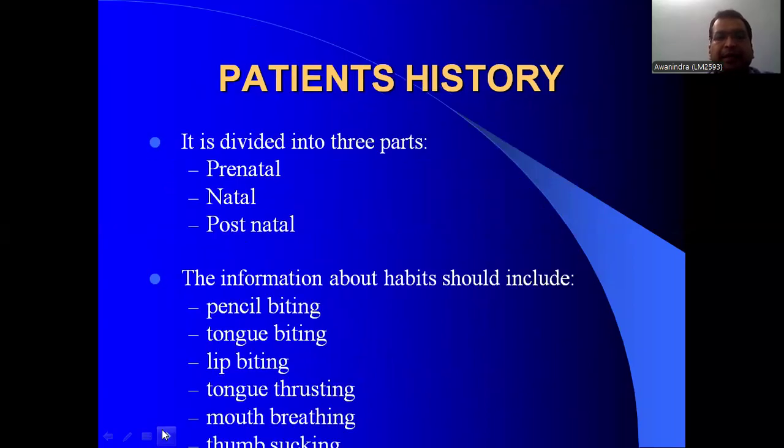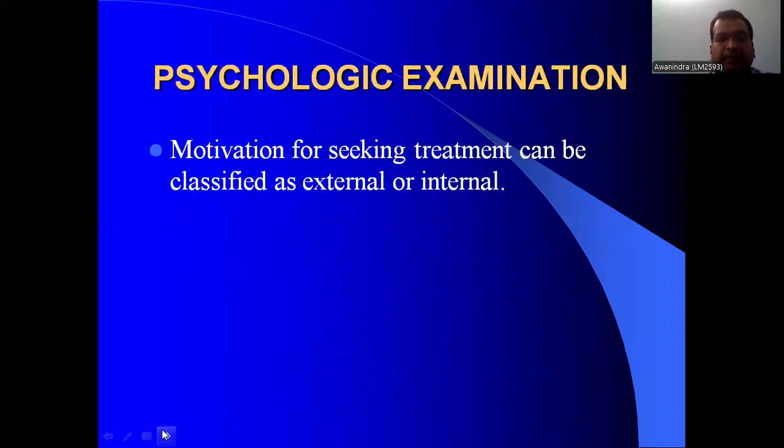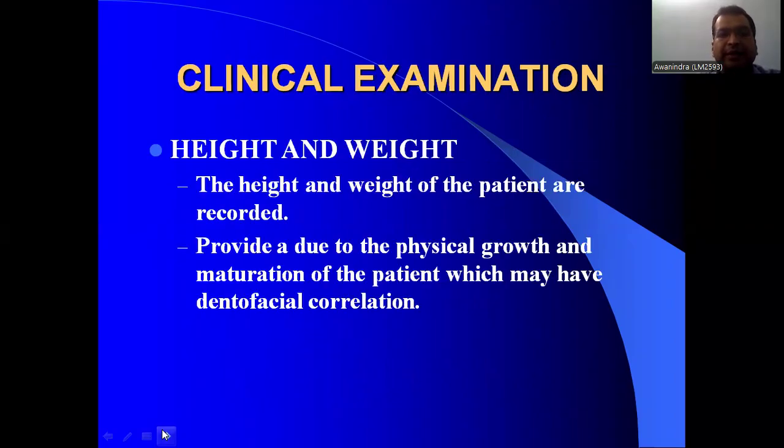The patient's history is divided into three parts, basically prenatal, natal, and postnatal. The information about habits should include pencil biting, tongue biting, lip biting, tongue thrusting, mouth breathing, thumb sucking. Psychological examination: the patient's motivation for seeking orthodontic treatment can be classified as external or internal.